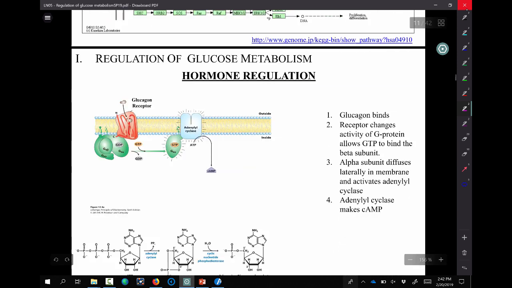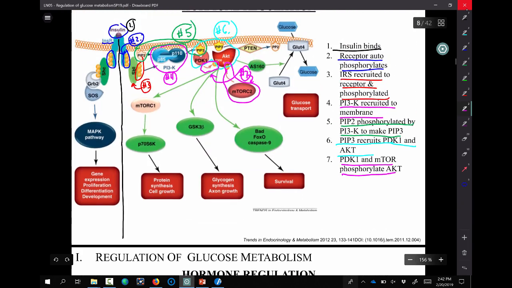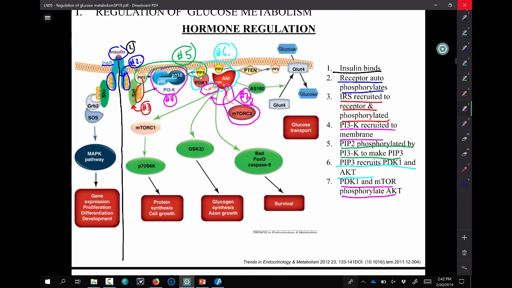Now, I will say this, downstream effects, and come back to this. Survival, that's a good one, right? I like that one. We're not going to talk too much about that. But for instance, glycogen synthesis, glucose transport, right? The movement of GLUT4 to the membrane. We'll talk a little bit about, it doesn't have on here, but glycolysis rate will be affected by this as well. There's other things that will happen.